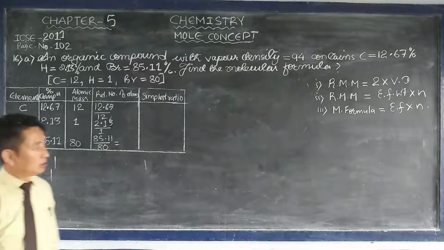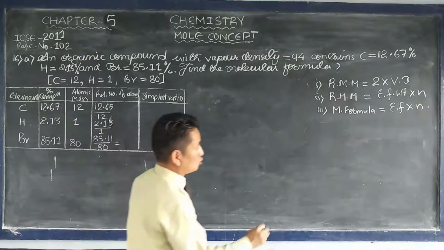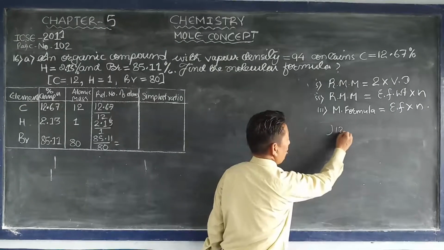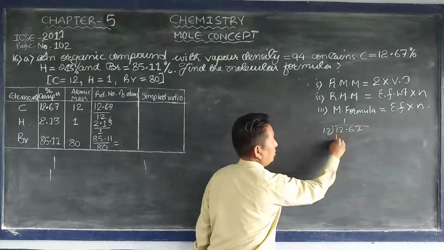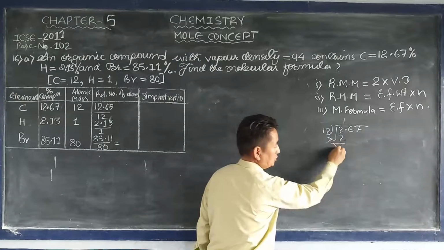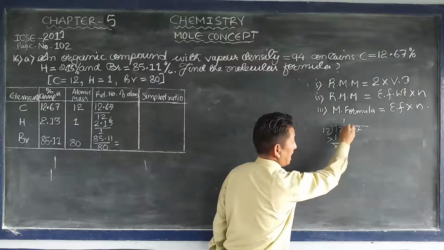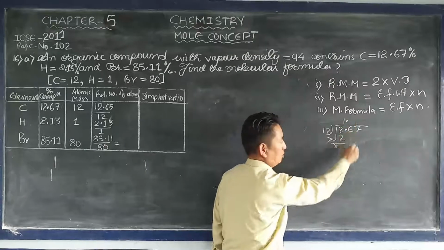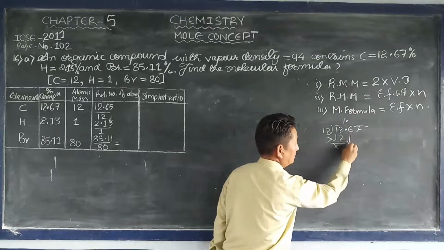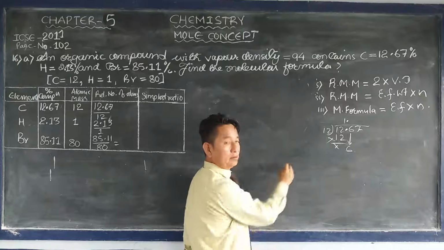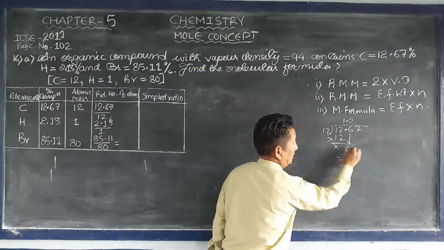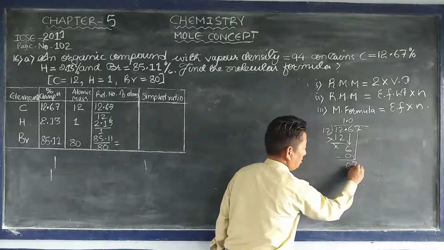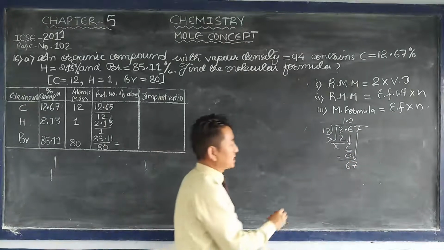Now here how to divide? 12.67 is divided by 12. 12 ones are 12. Now 0, here decimal sign. Put first your decimal. Then you can bring your 6 down here. 12 zeros are 0. Then we can bring this 7 down here. 12 fives are 60.